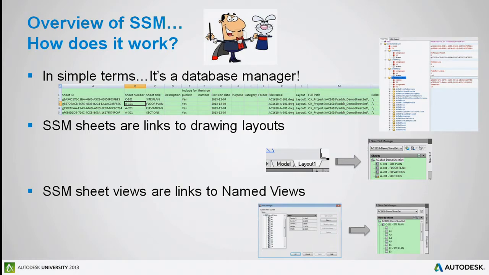That's the beauty of Sheetset Manager. If you put all of that data into the sheet set file, you never have to open a single drawing to edit any of that data. Do you like the sound of that? How much time do we waste opening and closing drawings just to make that little change to that information in the sheets?